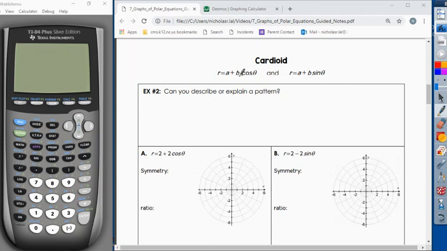A cardioid is in the form r equals a plus b times the cosine of theta, or r equals a plus b times the sine of theta. The type of shape depends on the ratio between a and b. If the absolute value of a divided by b is equal to 1, then the shape is going to take the form of a cardioid.